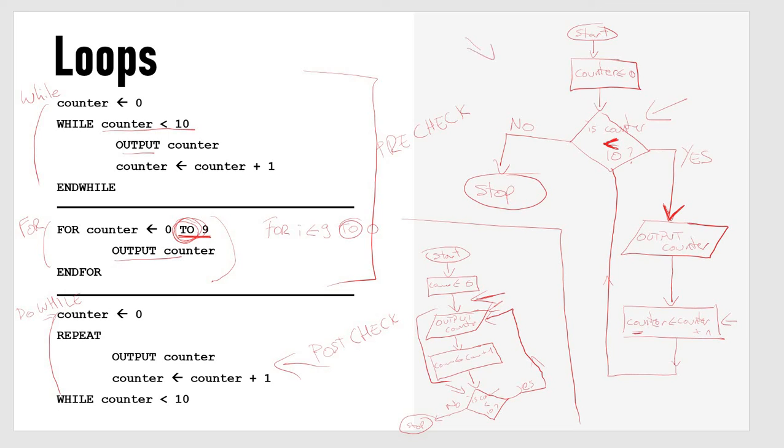Whereas in this algorithm up here, we can see that the only way for these two instructions to be executed is for this condition to be true. And if that's false, then these two instructions will not be executed even once. All right? So keep in mind when you are writing your algorithms which of these loops you would like to use, a post check or a pre-check.